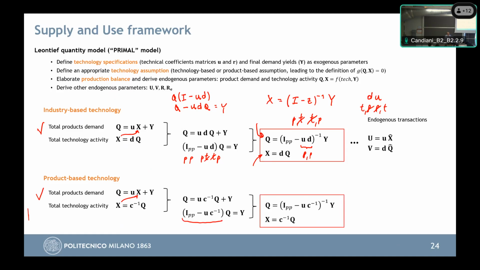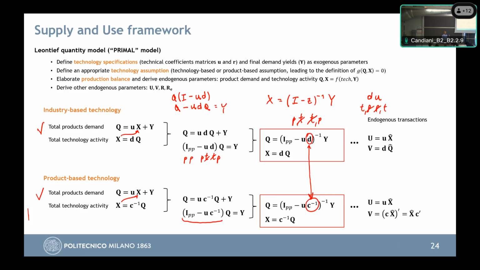So you see that here the only difference with respect to the previous one is simply this piece here. We have the inverse of C here and the D here. So another way of elaborating the make table leads to very profoundly different results.